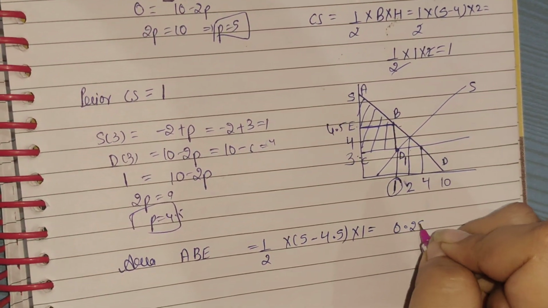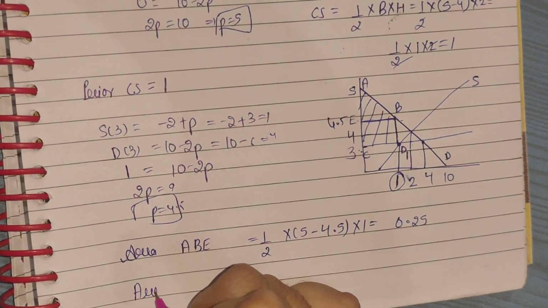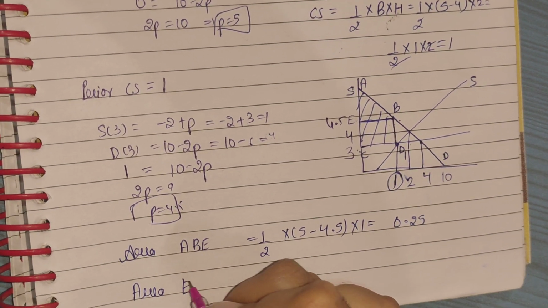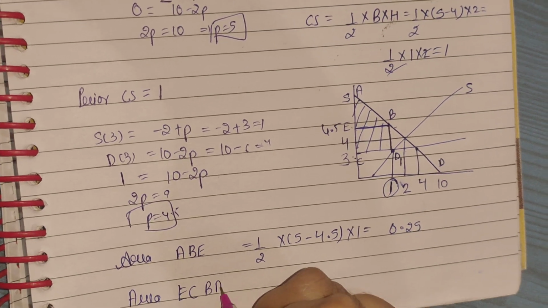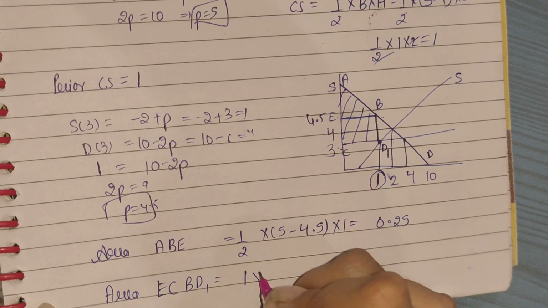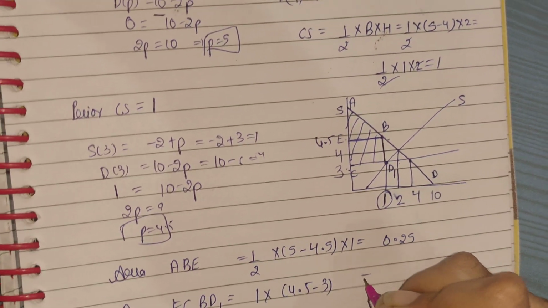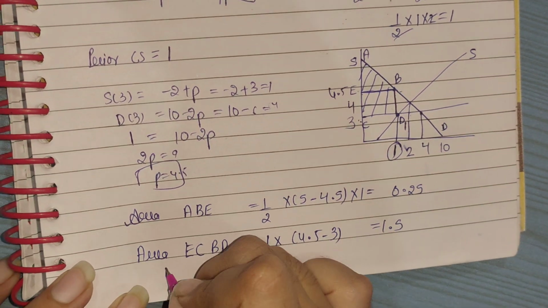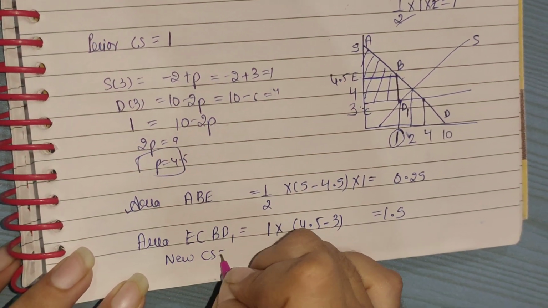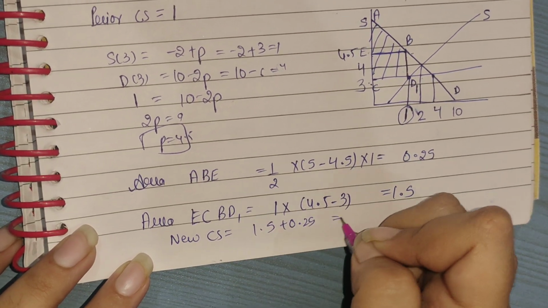Now we will find the area of this rectangle ECBD, which is length into breadth. The length is 1 into the breadth 4.5 minus 3, which is 1.5. So the new consumer surplus is 1.5 plus 0.25, which is 1.75.